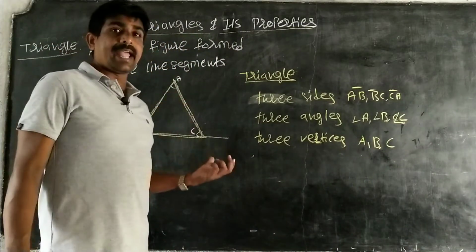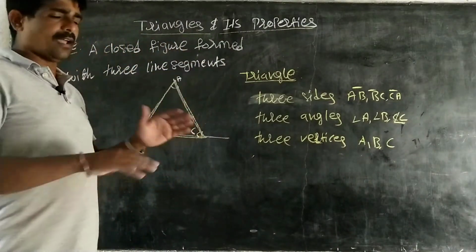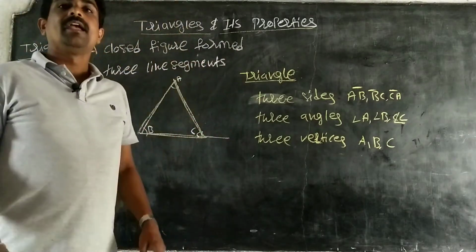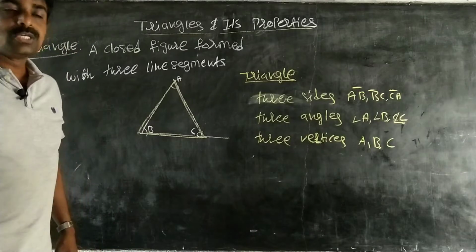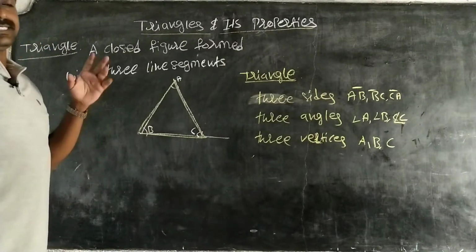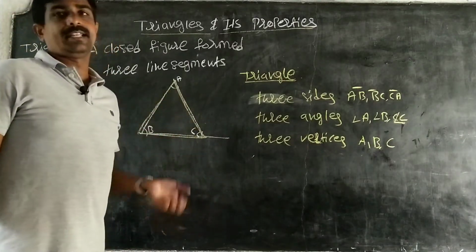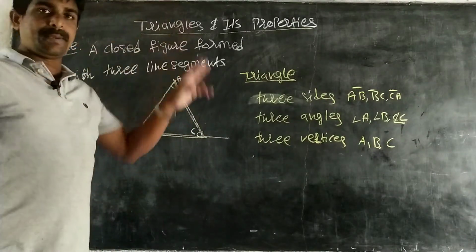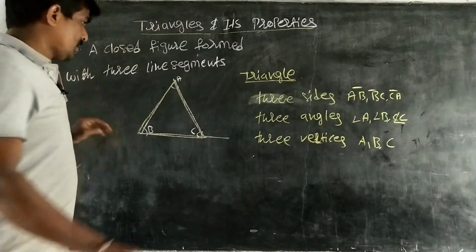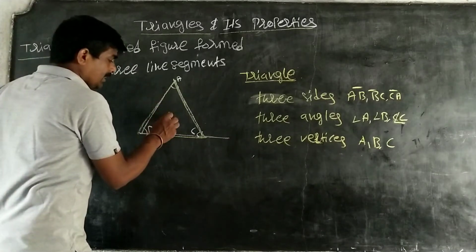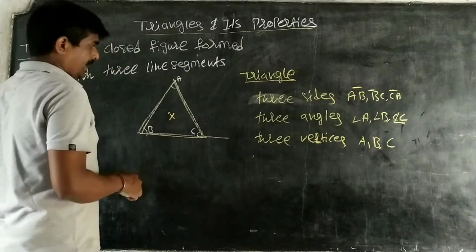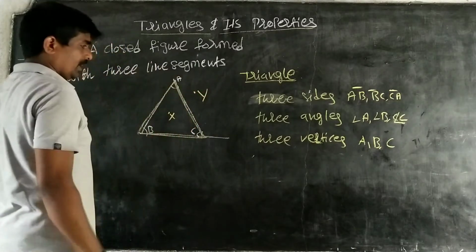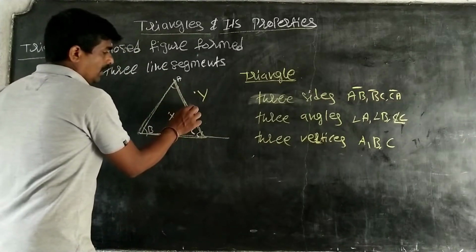Next, a triangle divides the plane. Not only a triangle, any closed geometrical figure, whether circular, quadrilateral, triangle, pentagonal or hexagonal, divides the plane into three parts: one is the interior, second is the exterior, and third is on the figure.